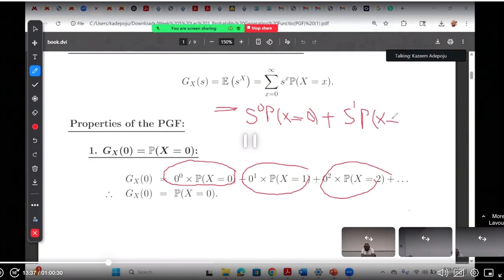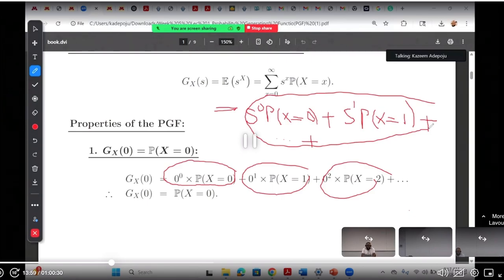Can you see that? Now I will continue to go all the way to infinity. You can see that. Now, if I plug in s to be 0 in all of this, of course I'm going to get 0 at the end of the day. So that was why.